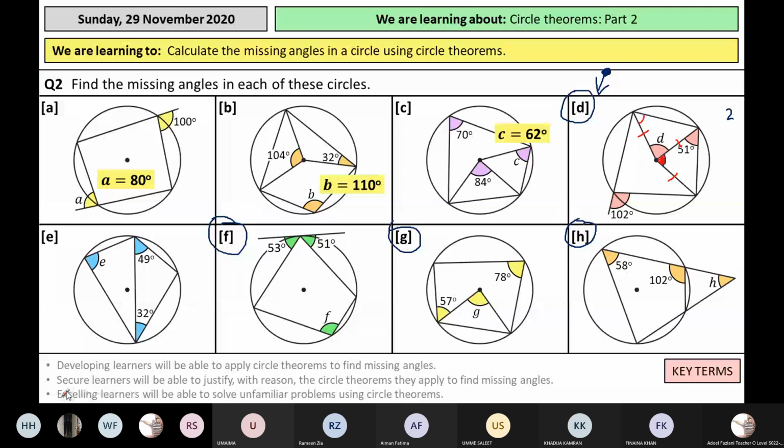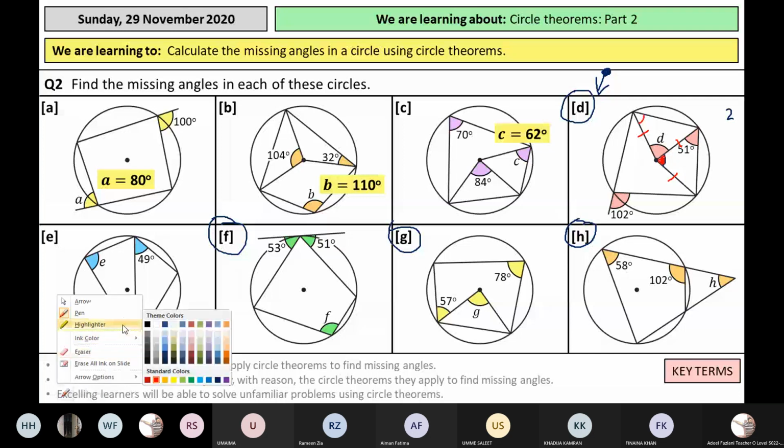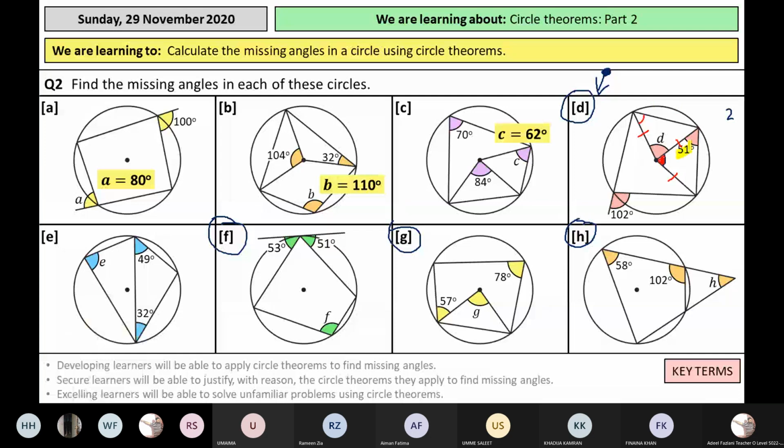See, let me highlight this. This highlighted triangle is said to be an isosceles triangle or not? Tell me.